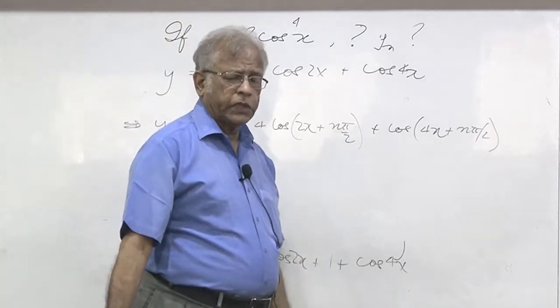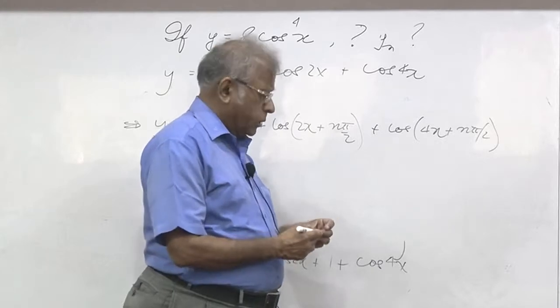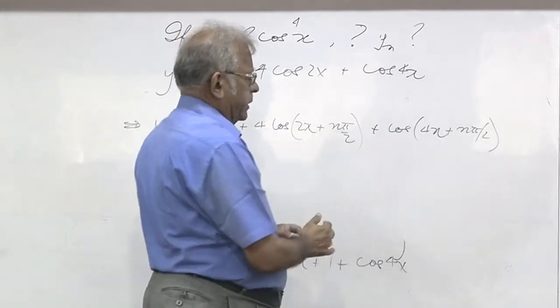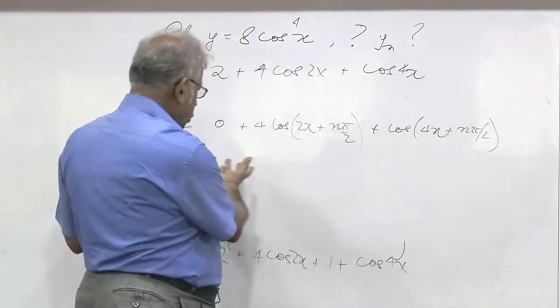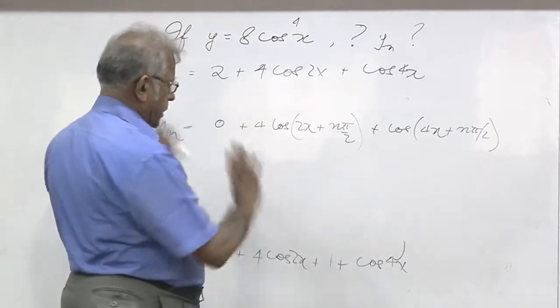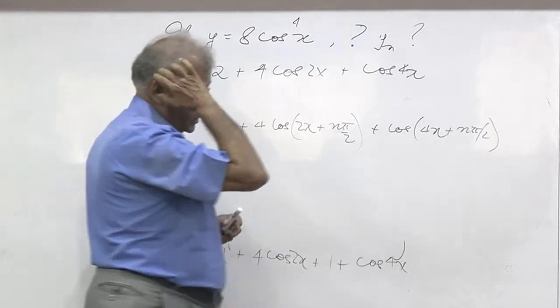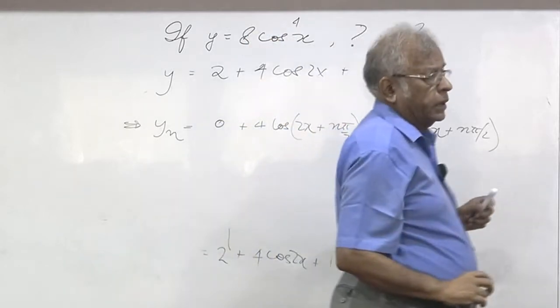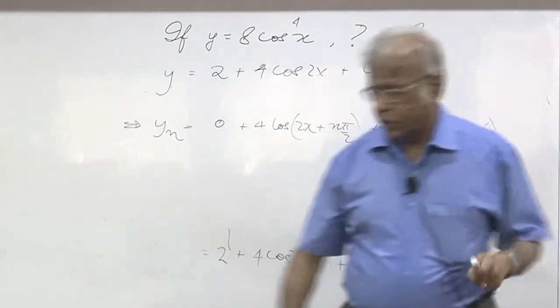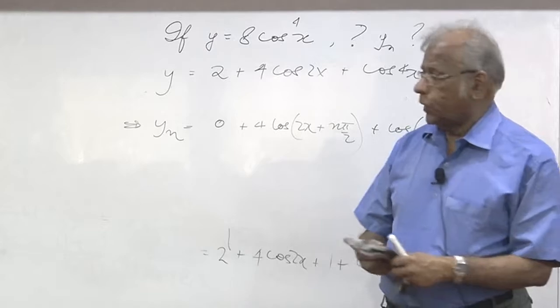Cos pi plus theta is minus cos theta. So these can be simplified. That is for n equal to 2, but if n is unspecified, we must keep it like this. So that is the first problem done, and I am sure I have been able to explain this simply.